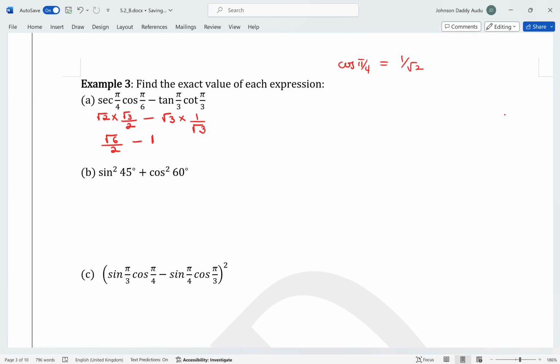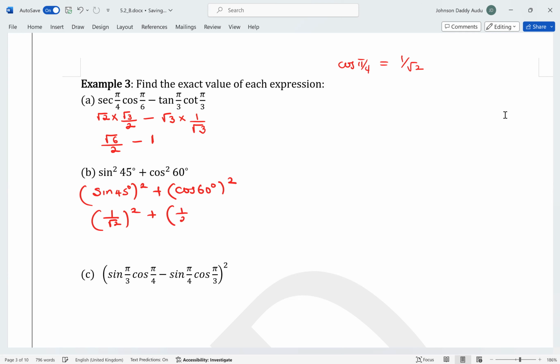All right, so here, this is just going to be sine 45 degree all square, plus cosine 60 degree all square. But what is sine 45? Again, it is 1 over root 2, all square, plus cosine 60 is half, 1 over 2.